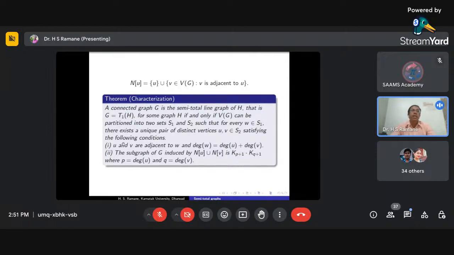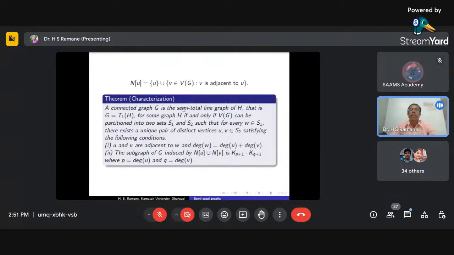So the characterization: a connected graph G is a semi-total line graph of some graph H if and only if the vertex set of G can be partitioned into two sets S1, S2, such that for every W in S1, there exists a unique pair of distinct vertices U, V in S2 satisfying the following conditions.